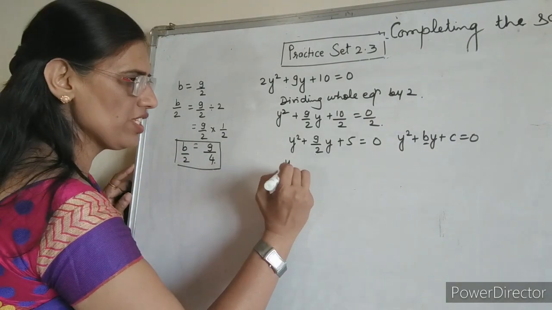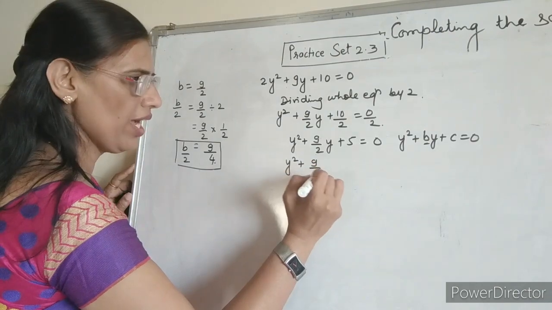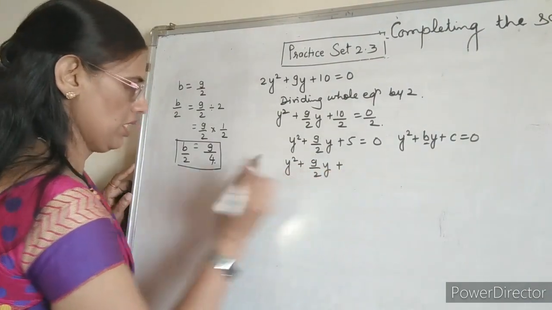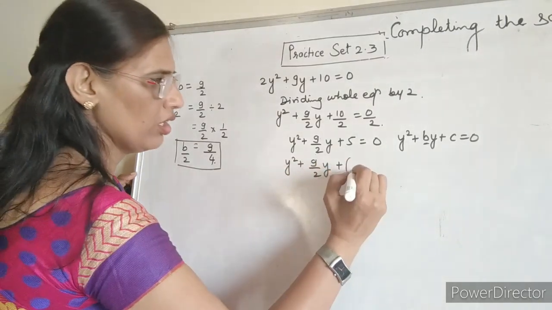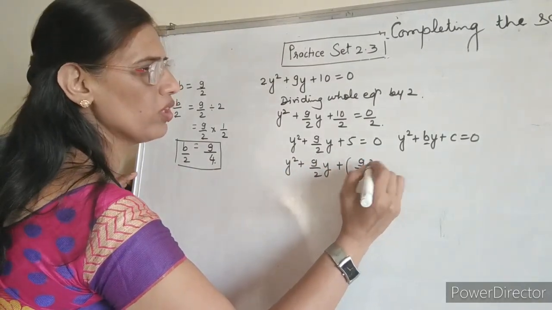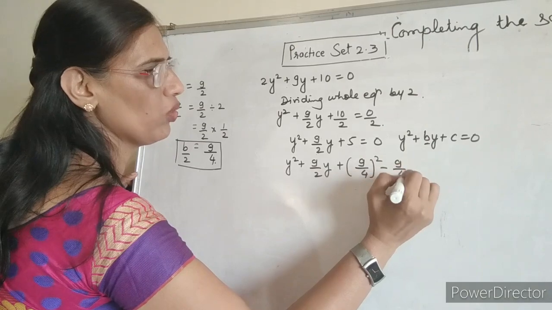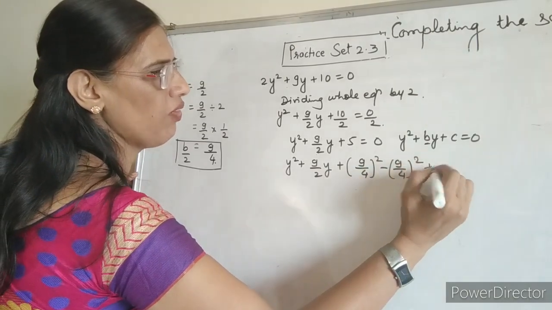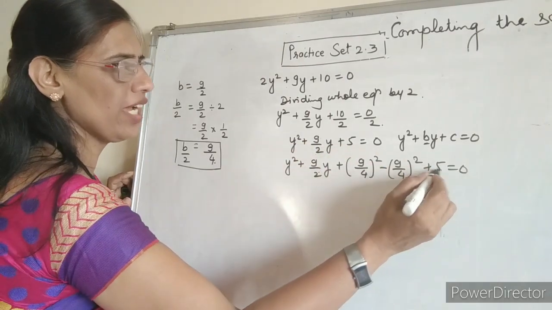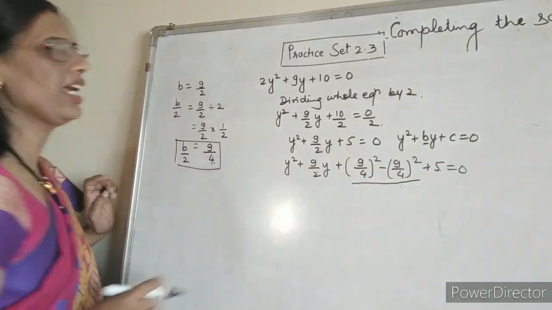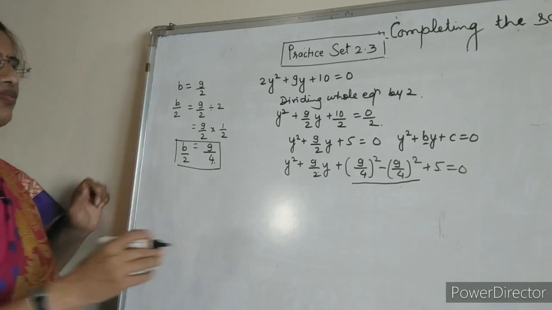See here, y square plus 9 upon 2 y, adding and subtracting b upon 2 whole square, (9 upon 4) whole square minus (9 upon 4) whole square plus 5 is equal to 0. The plus 5 is as it is; the change is adding and subtracting b upon 2 whole square.